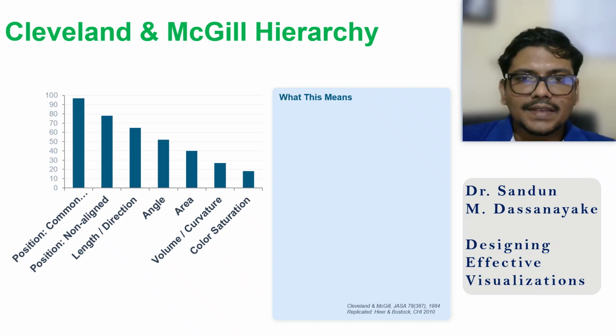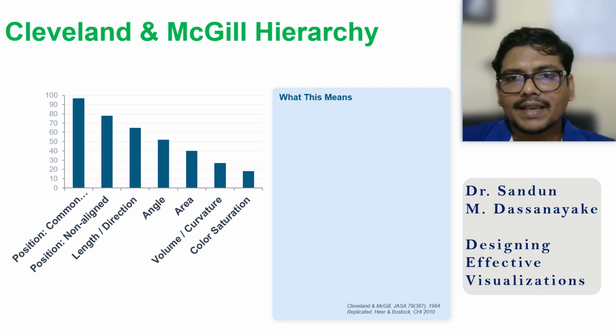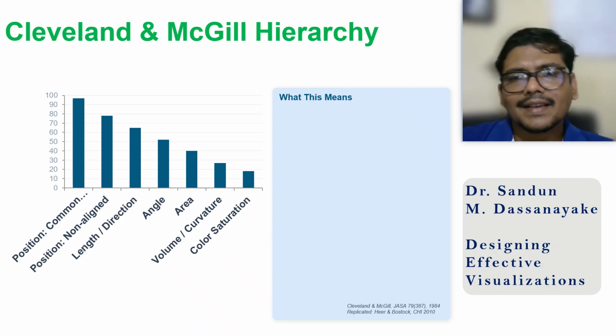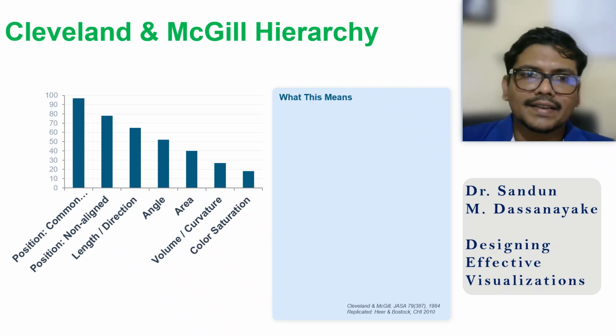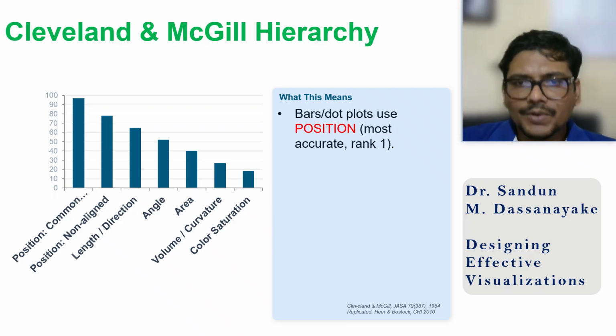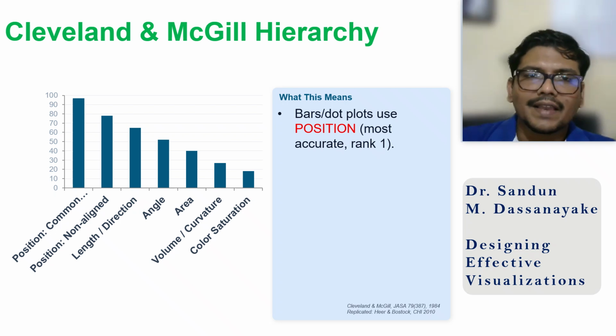The chart you see here was generated by Heer and Bostock via crowdsourcing in 2010. They asked different questions to different audiences to find out the hierarchy of the visual elements. They proved that position along a common scale like a bar chart is the most accurately decoded visual.